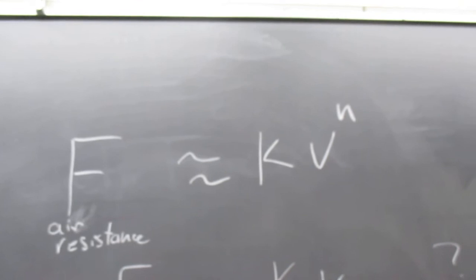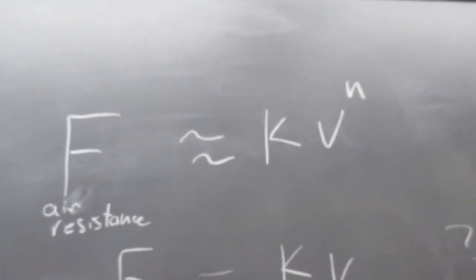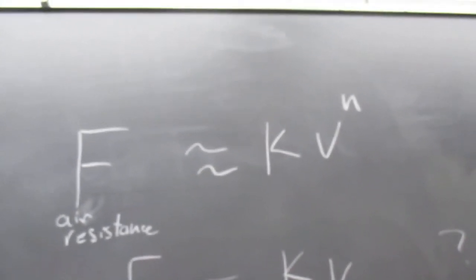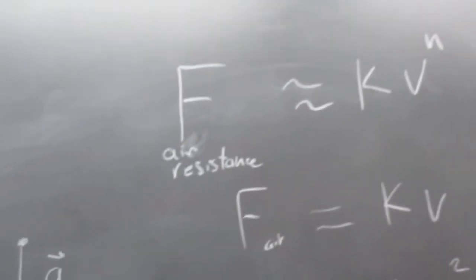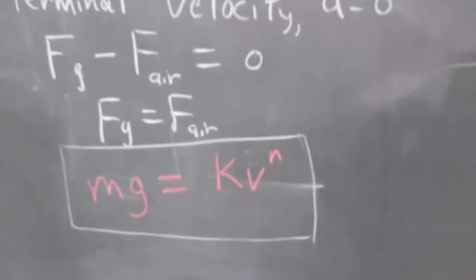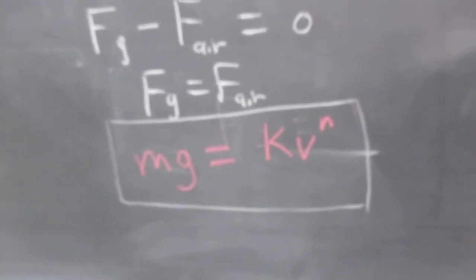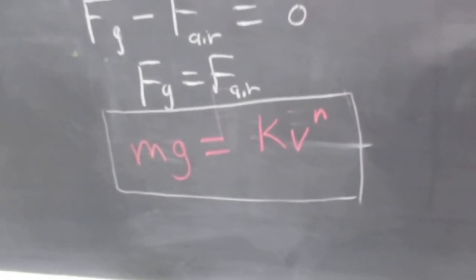This is just a crude approximation. We're ignoring air viscosity and other factors in this model, so this is purely related to the velocity. At terminal velocity we can set that equal to mass times gravity, mg. All right, so now we have something to work with.